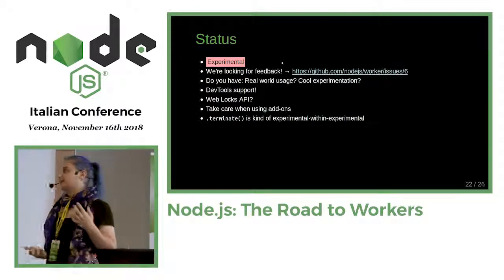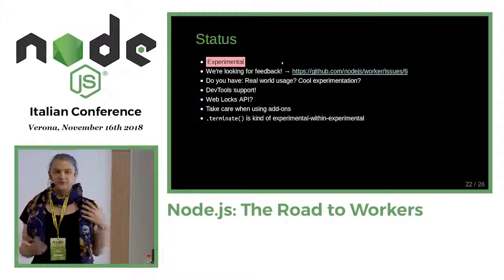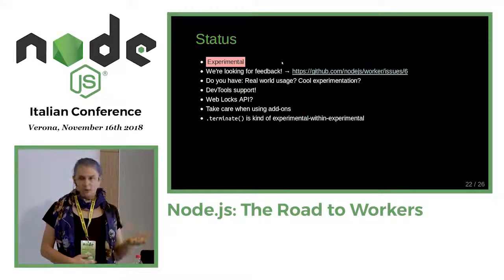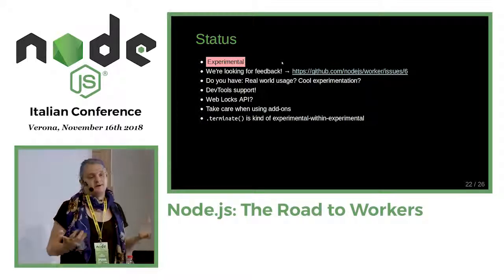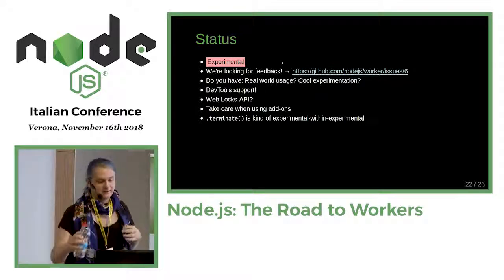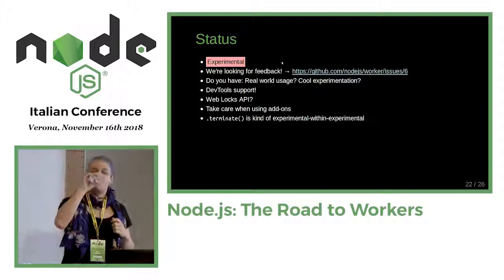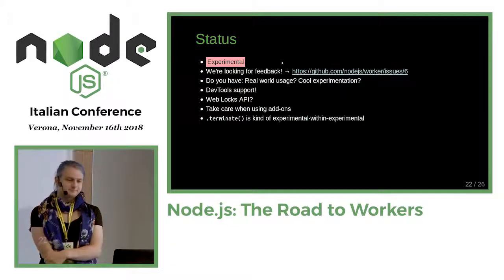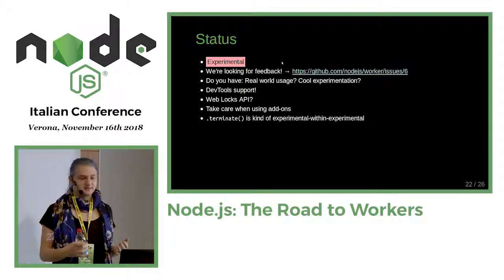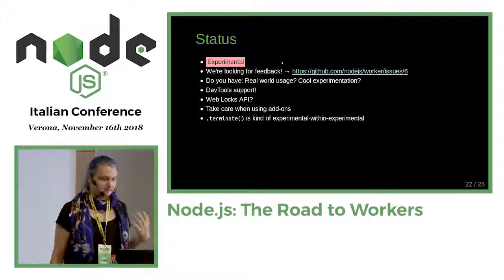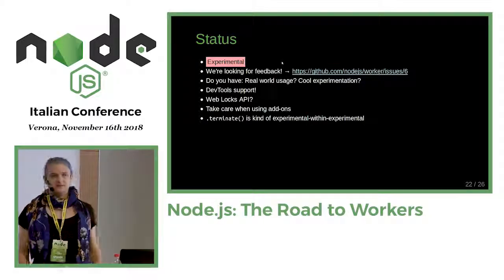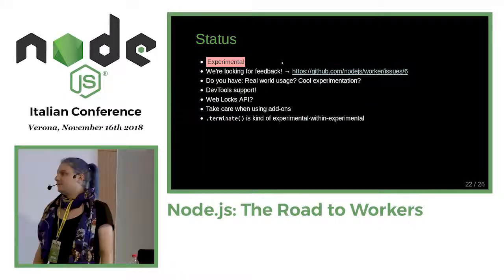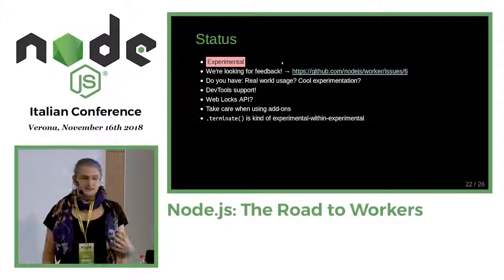Also, native add-ons don't usually play along very well with workers if they are old and unmaintained, which a lot of native add-ons in the ecosystem are. That's just an unfortunate reality. If you're writing add-ons for Node and you have been for a while, you might know that sometimes it's just easy to write code using global state, because in a single-threaded environment this is not an issue.